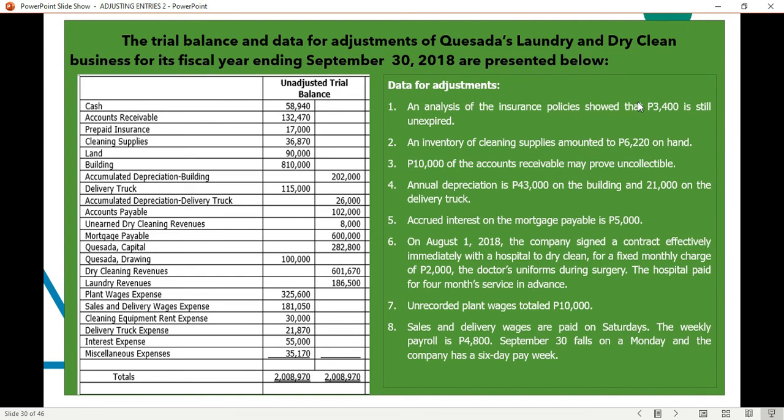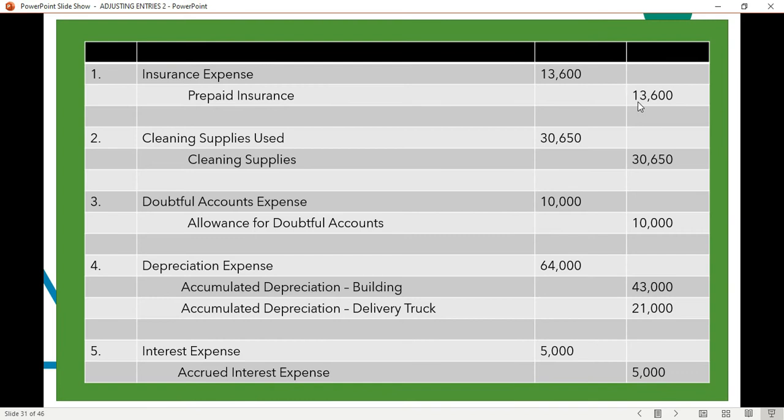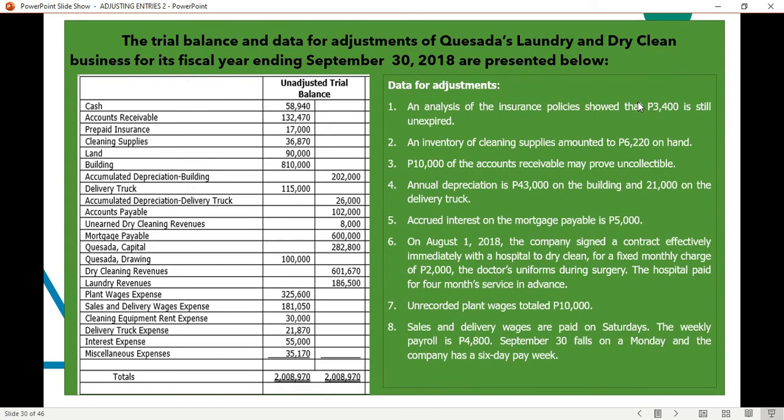Next, we have number 7, unrecorded plant wages, total 10,000. So what should be our entry for this one? The amount is given, so we have no problem. We'll just check the account title used related to plant wages. So we have plant wages expense.